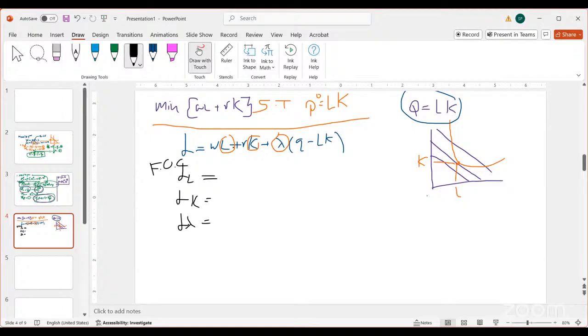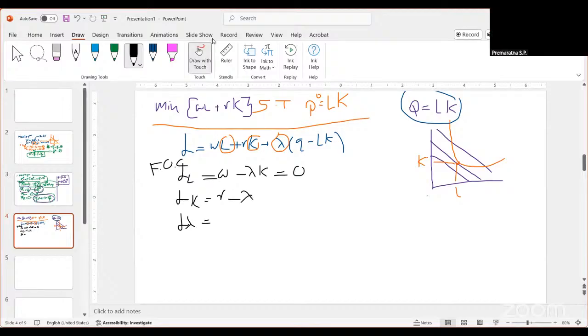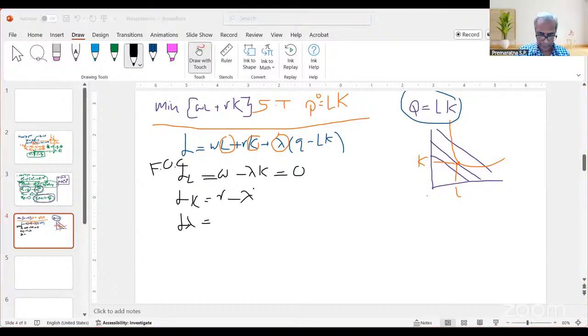When you differentiate, you get W minus lambda K and set it equal to 0. That is the first order condition, because when you differentiate the first time, it becomes the slope, and at the optimal level, minimum or maximum, the slope becomes 0. Then R minus lambda L, that is also equal to 0.